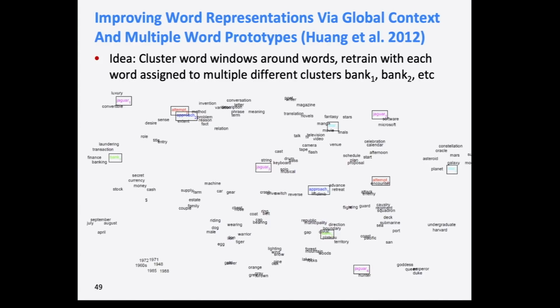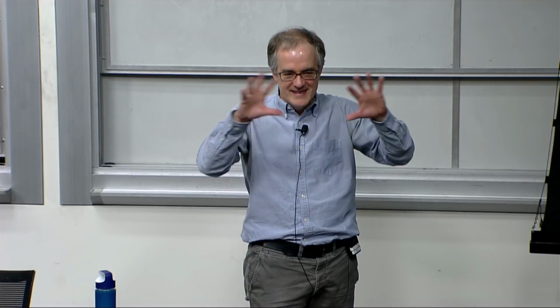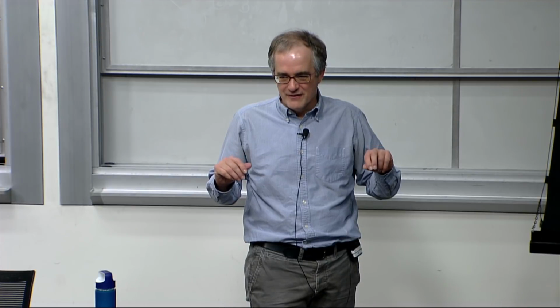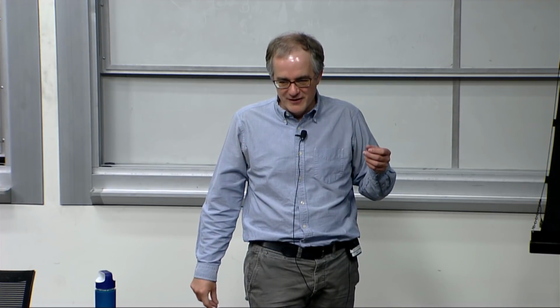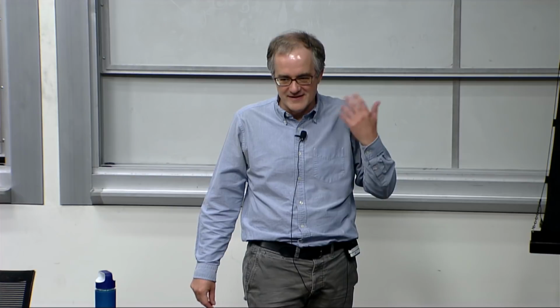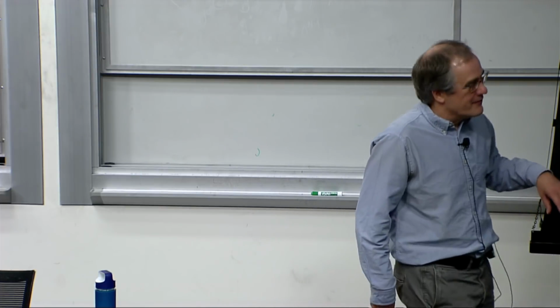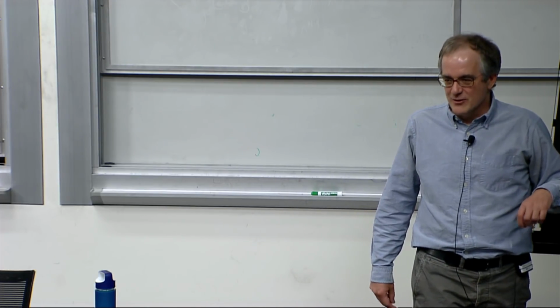For each common word, we cluster all the contexts in which it occurs, and then see if there seem to be multiple clear clusters by some criterion. If so, we split the word into pseudo words. If there seem to be 5 clusters for the word jaguar, we'll just call them jaguar 1, jaguar 2, jaguar 3, 4, 5.